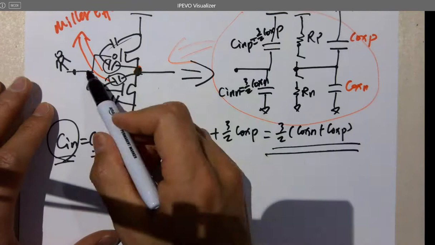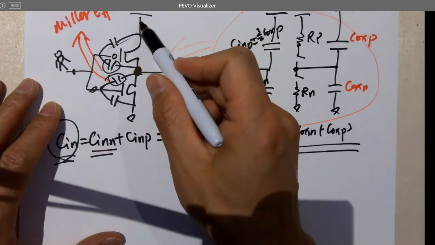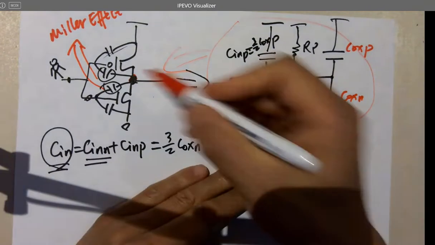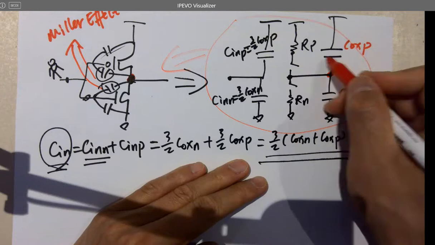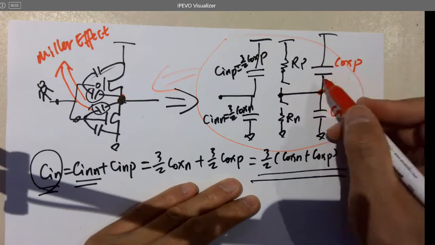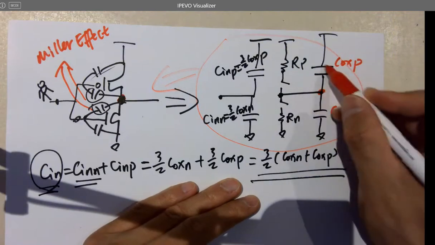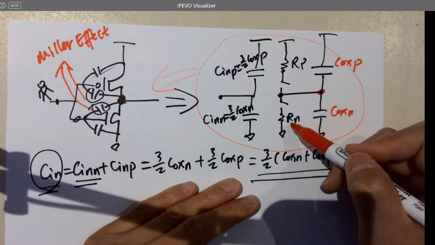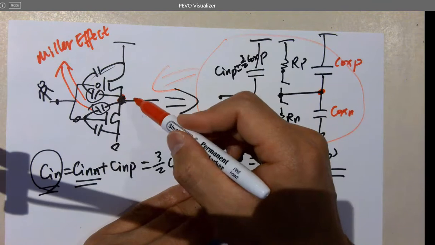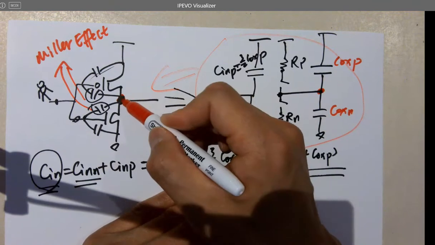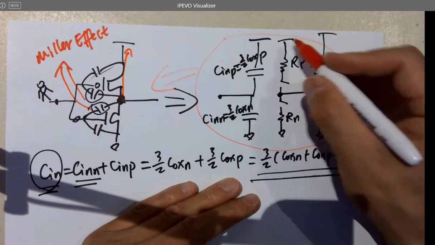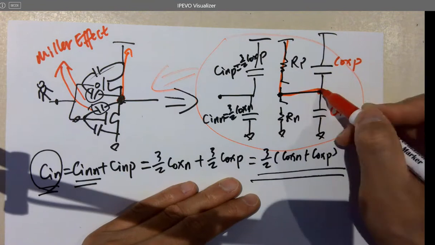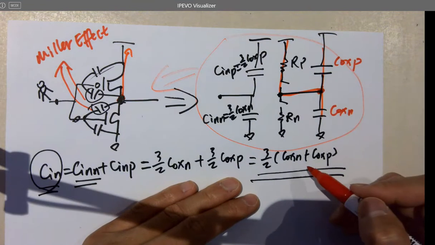Whenever the inverter is pulling this pin up, the caps are in effect because these 2 caps are being shorted to here, but Rn is not in effect because Rn is at the bottom, it's not flowing any current. When this one is being pulled up to VDD, RP is involved and the 2 caps are involved.